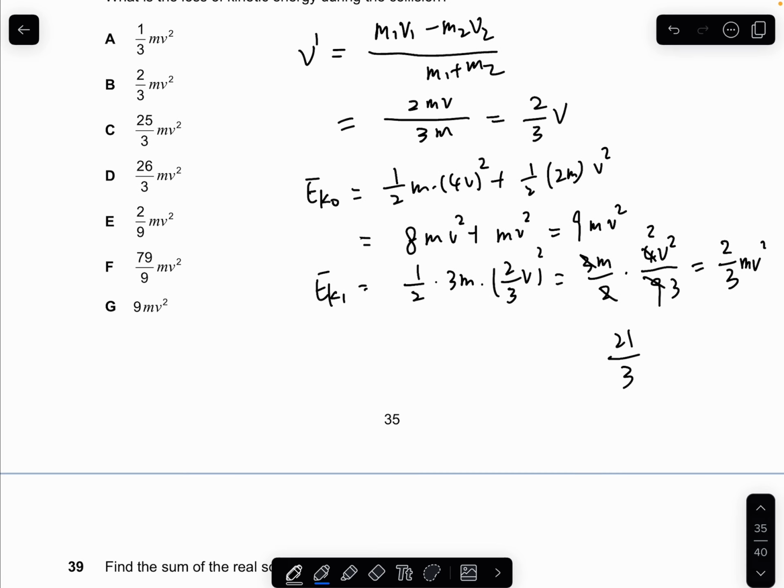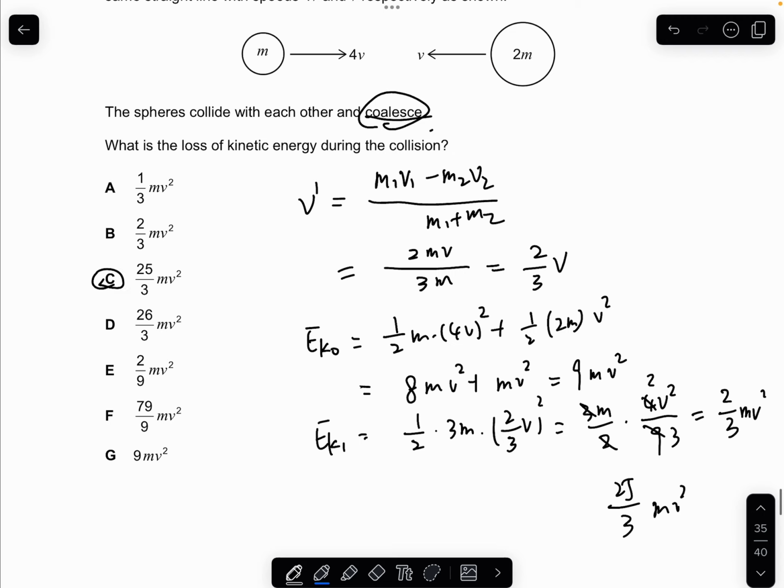It would be this. Okay, I guess it's correct.